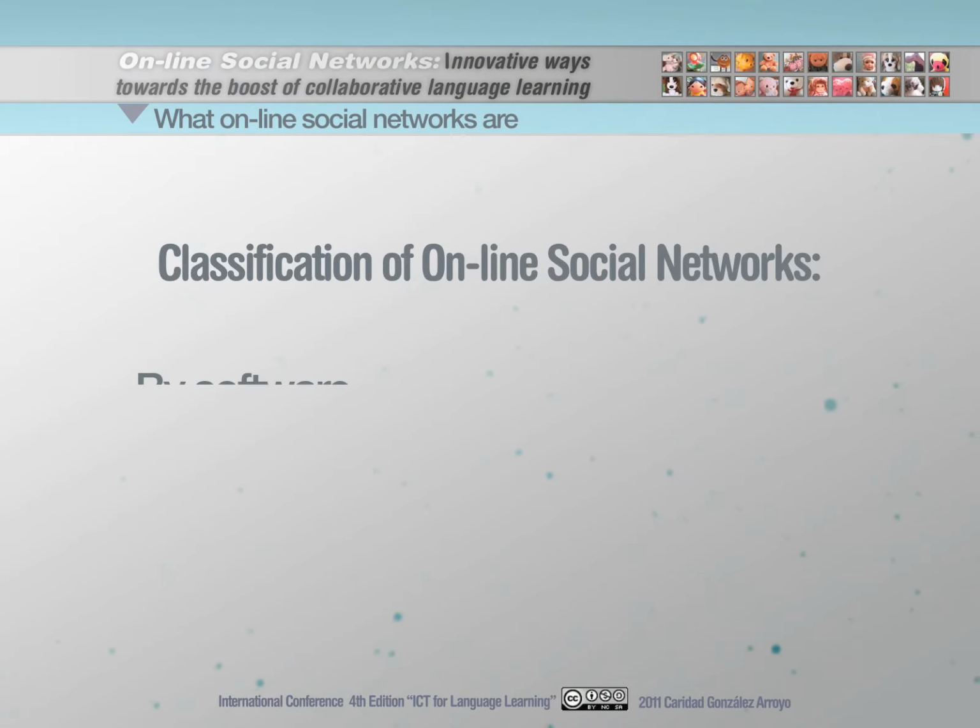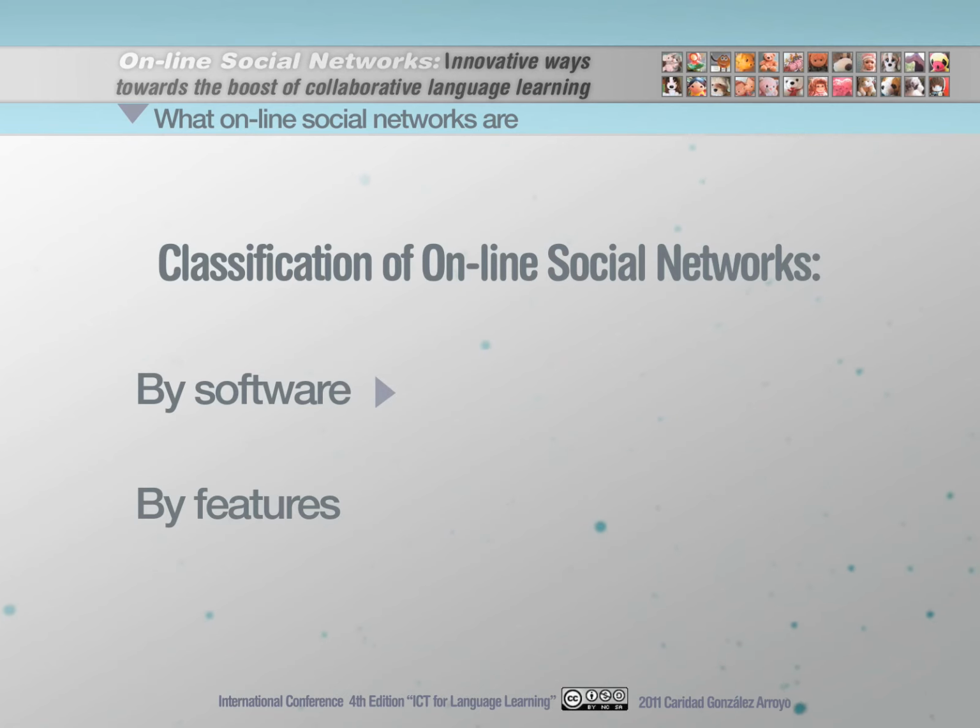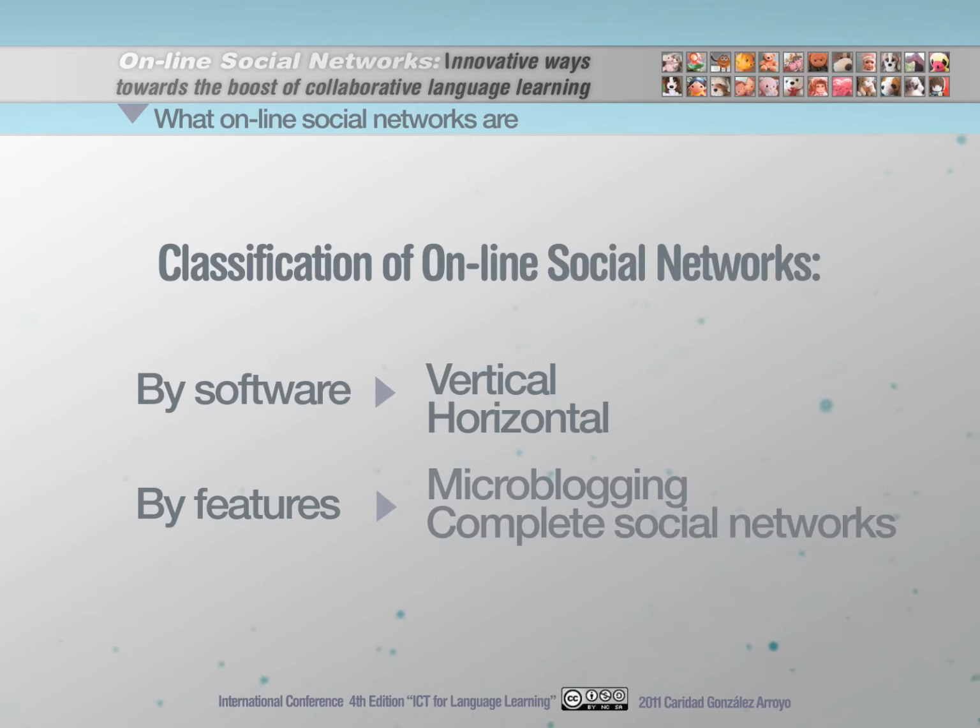We can make two classifications of online social networks, one by software and the other by features. By software, we can find vertical, where you can create your private social network and keep it entirely under control, or horizontal, public and free social networks open to everybody.